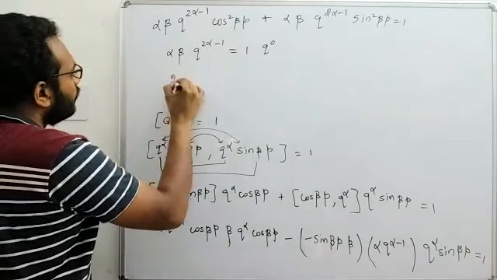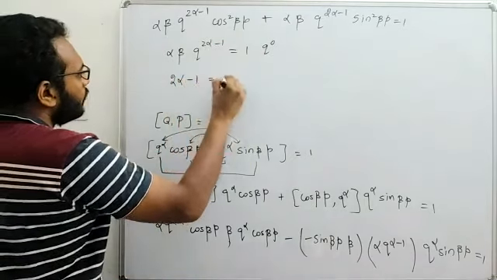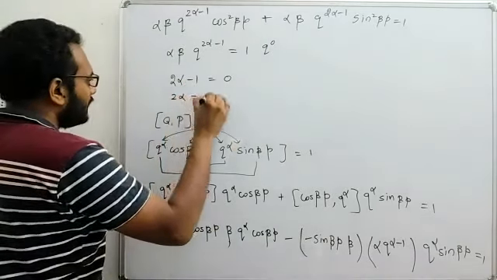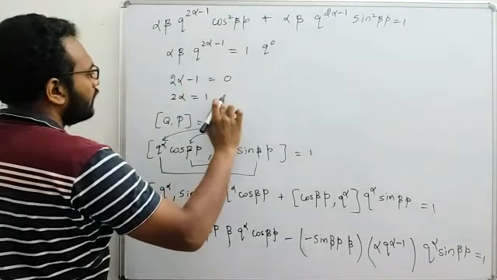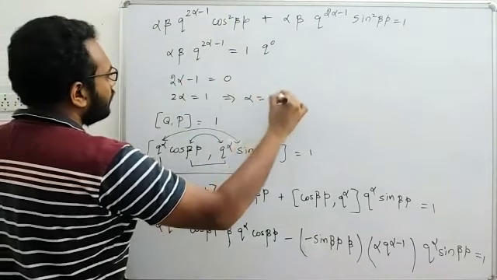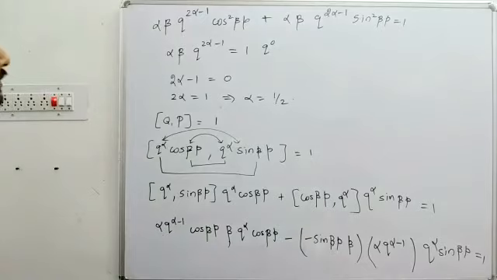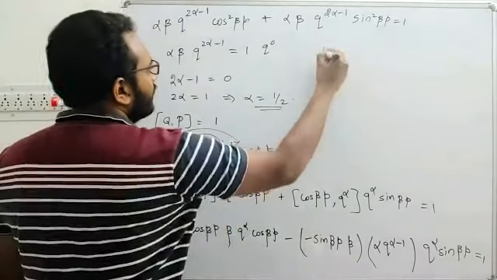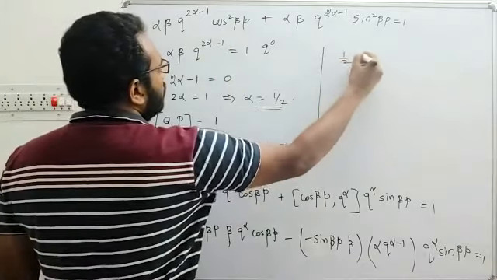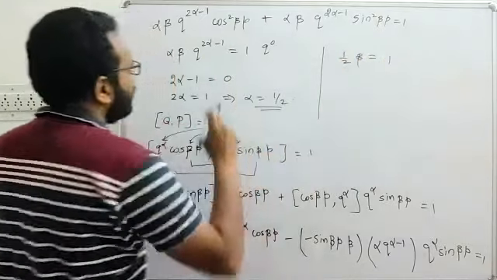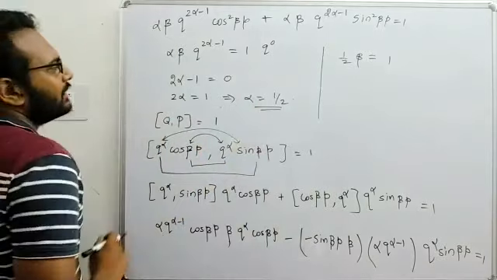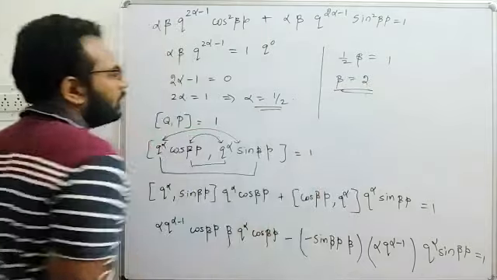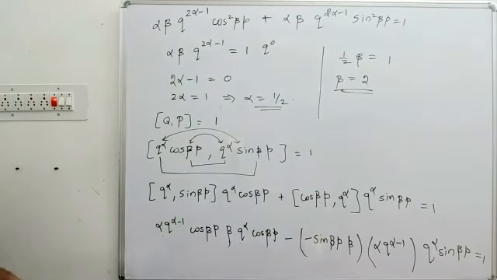This means that 2 alpha minus 1 has to be equal to 0. I hope this is clear. So 2 alpha is equal to 1, or alpha is equal to 1/2. Substitute it here: (1/2) beta is equal to 1, so you get beta equal to 2. That's one way of doing it: alpha equal to half and beta equal to 2.